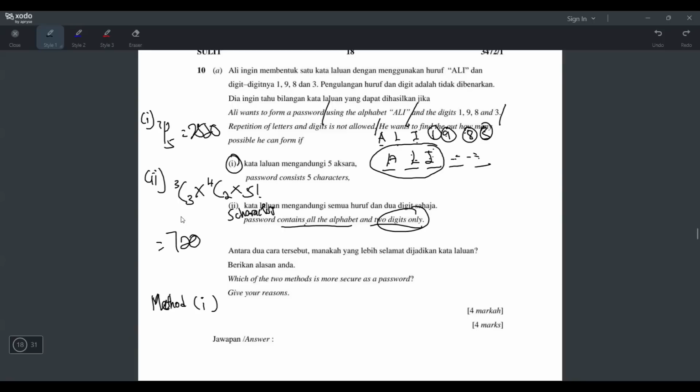If you have fewer ways, it's less secure because people can guess it more easily. But if you have more ways, then that one is more secure. So I would say method one, and they ask you to give a reason. So method one is more secure because, okay, because what?